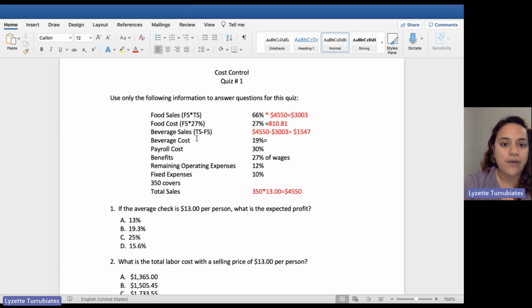So we're going to take our beverage sales, and again, I'm making these abbreviations so it's easier to understand, times your beverage cost percentage. So BC is your beverage cost percentage.